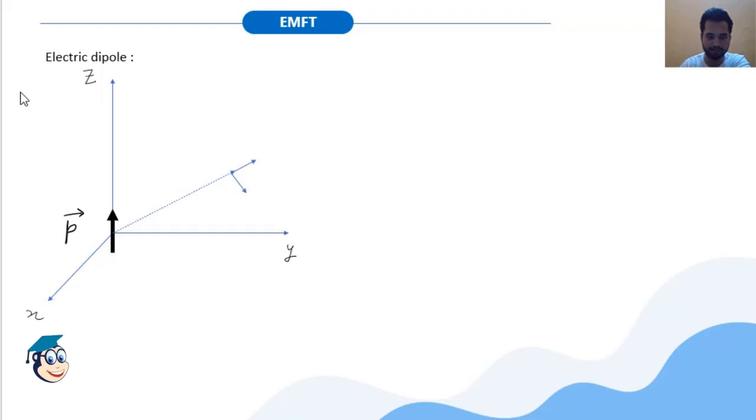Let's say we have a point, let's say it is not p but some point A, which is at a separation r from the origin, and the angular distance is theta from the z-axis. This is r and this small vector is r cap. This vector is theta cap. So it is the complete diagram.